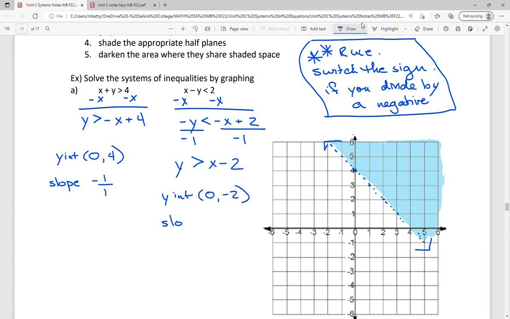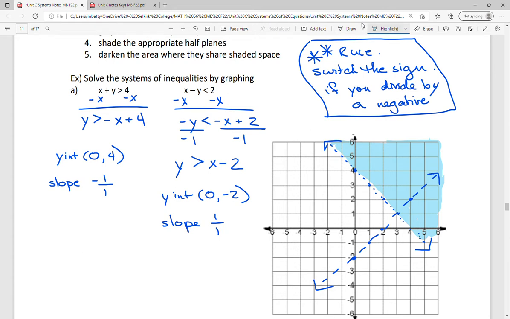My slope is going to be +1/1. Let's put this on the graph. So there's my intercept, and my slope tells me up 1 and over 1, up 1 and over 1, up 1 and over 1. My boundary line is going to be dotted because I don't have an equal to part of my inequality sign. And then this half plane business.